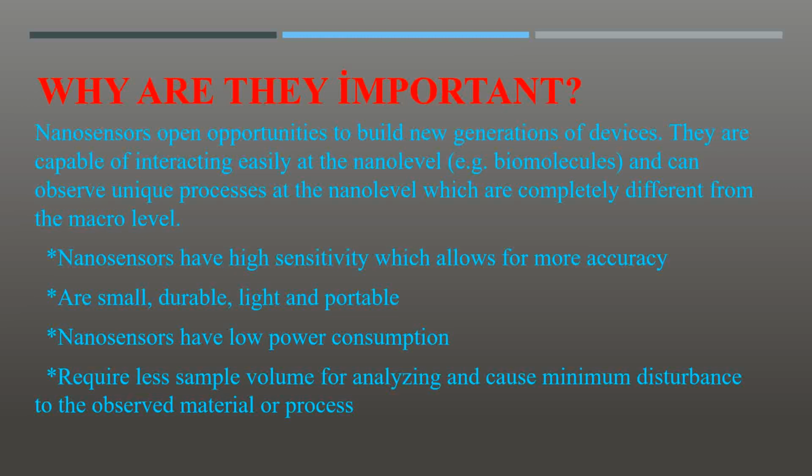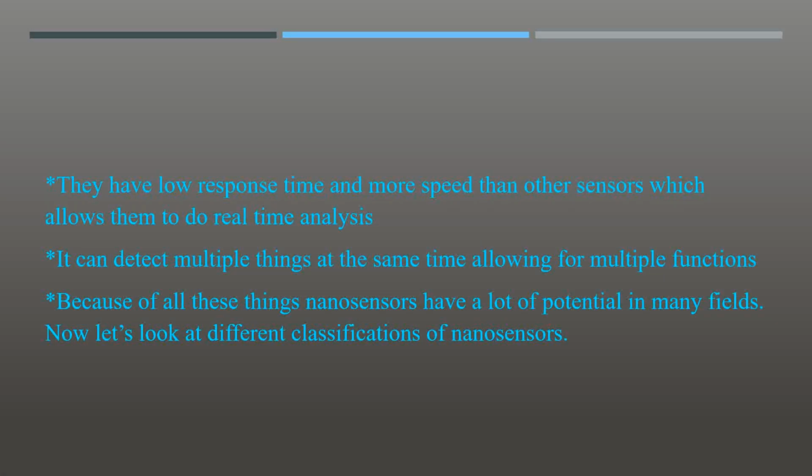Nanosensors have low power consumption, require less sample volume for analyzing, and cause minimum disturbance to the observed material or process. They have low response time and more speed than other sensors, which allows them to do real-time analysis. They can detect multiple things at the same time, allowing for multiple functions. Because of all these things, nanosensors have a lot of potential in many fields.